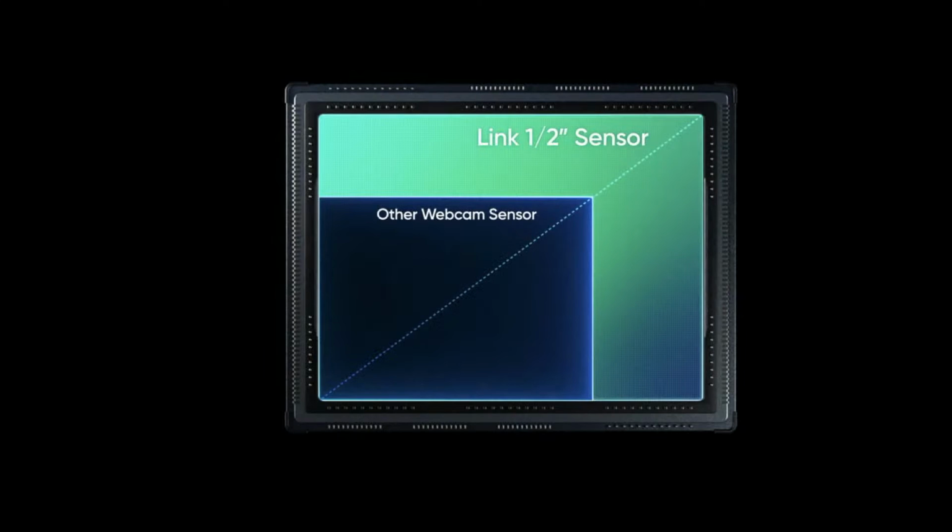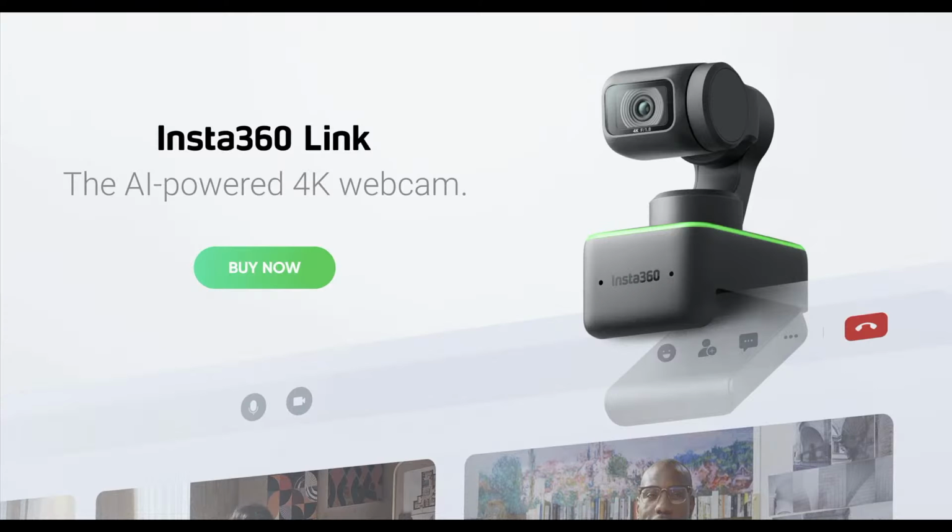And then we go to this other slide, and I just want to pop this slide up on the screen again full. So the smaller sensor is pretty much like the Facecam, and the bigger sensor is this new camera right here, and it's called the Insta360 Link. It actually has hand gestures to control it.